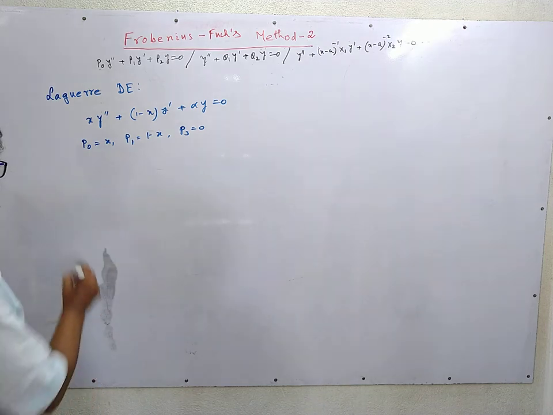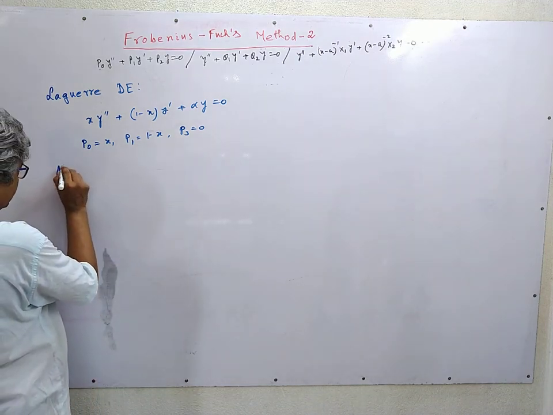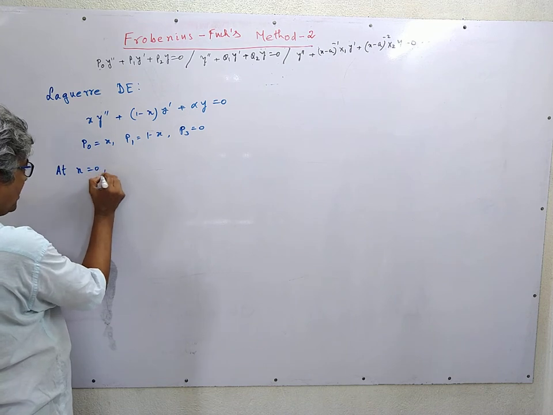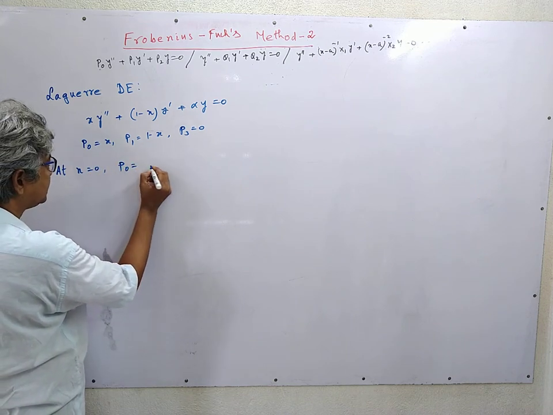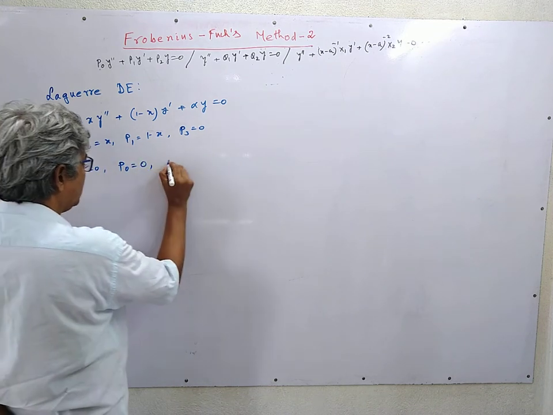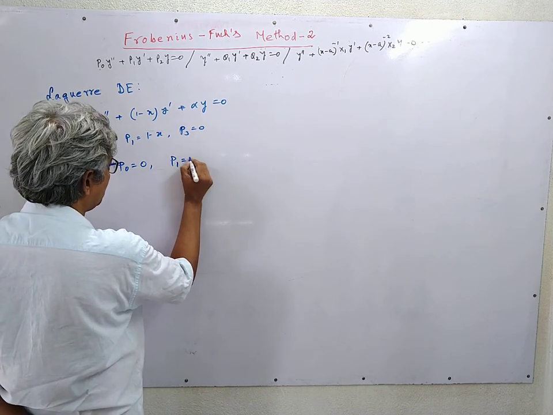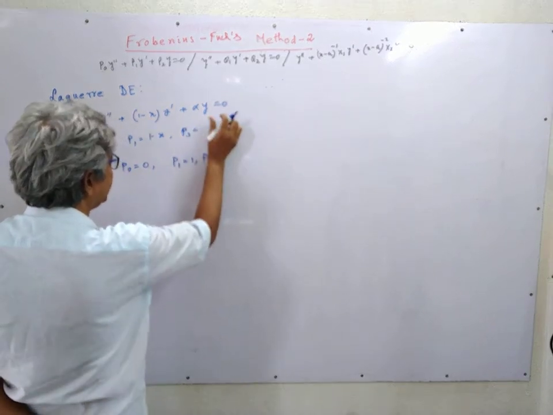Now here we see that at x equal to 0, P0 is equal to 0, although P1 is equal to 1 and P2 is alpha.